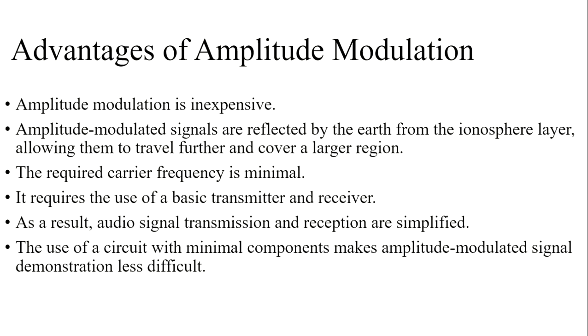The required carrier frequency is in a minimal range. It requires only a basic transmitter and receiver. In audio signal transmission, reception is very simple. The use of circuits with minimal components makes demodulation of the amplitude modulated signal less difficult.